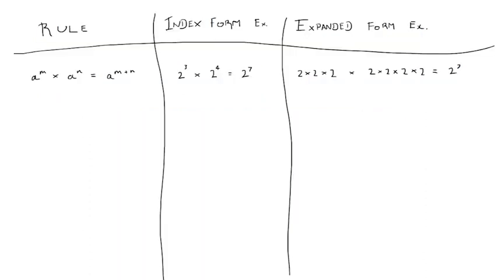So we're going to go through a table with all the index laws, and we'll have the rule or the law over here, the example in index form over here, and the example in expanded form over here. Expanded form is what it really means if I have 2 to the power of 3. So that means 2 times by itself 3 times.